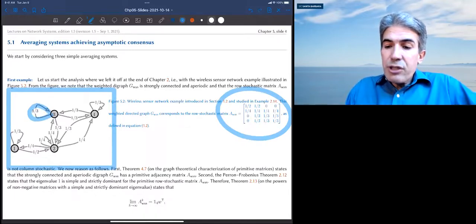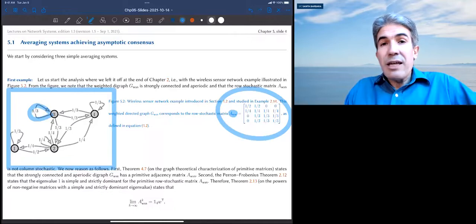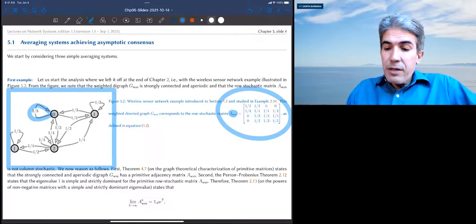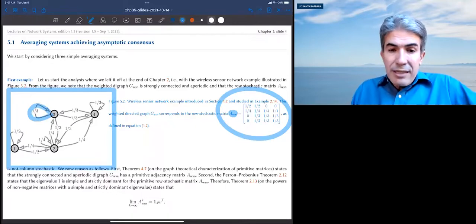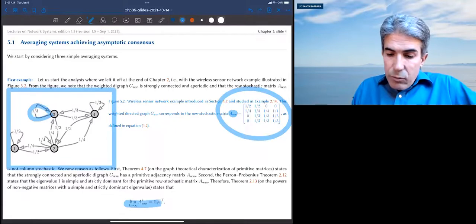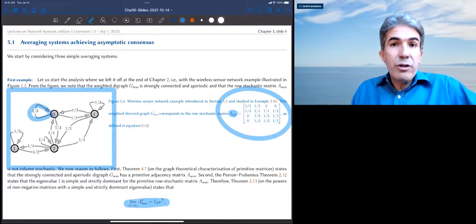Clearly the matrix A_WSN, that's the name I gave to that matrix, is primitive. In fact, we even saw it. Therefore everything works. Clearly we can use the matrix power theorem and we get this limit which we wanted.